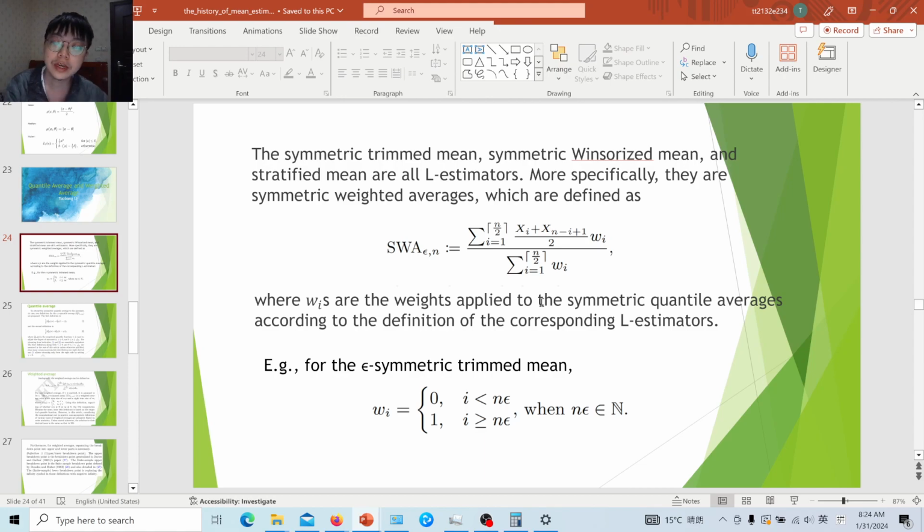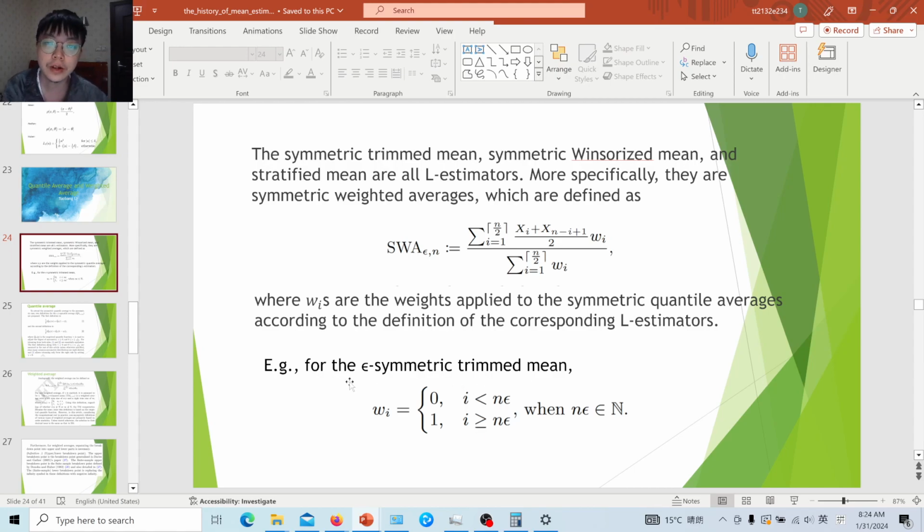Since a linear combination of order statistics is just assigning weights in front of all the values, for a symmetric weighted average we also assign a weight in front of each symmetric quantile average.